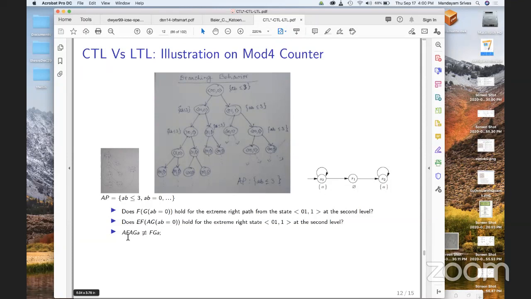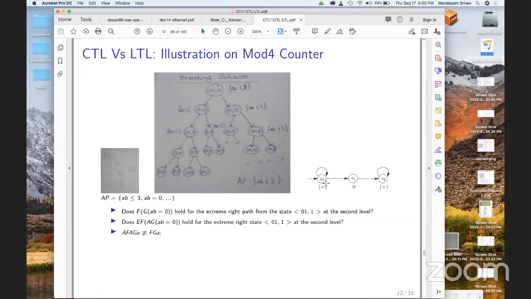Whereas AF of AG of A is not true. It's certainly not equal to F of G of A. Just like what I showed on the mod 4 counter, this requires that on every path, eventually you reach a state from which all paths have A true.